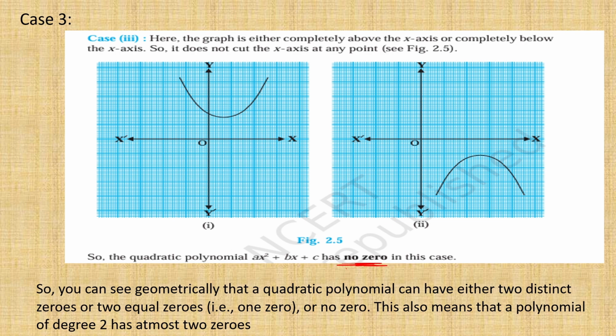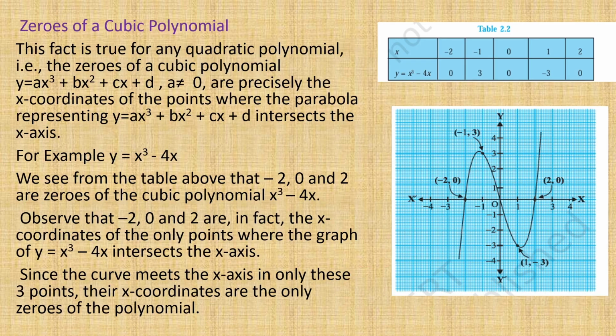These are the 3 possible cases for the shape of a quadratic polynomial. So we concluded that for a quadratic polynomial, the maximum number of zeros possible is 2.